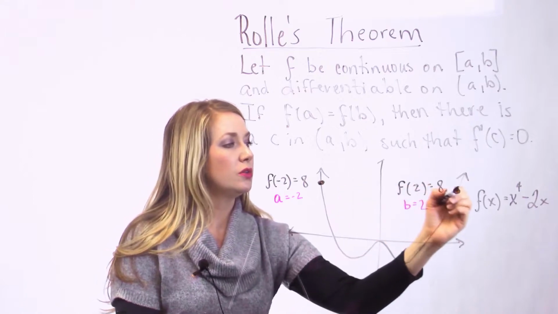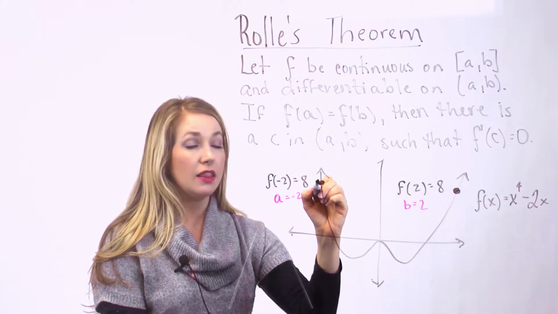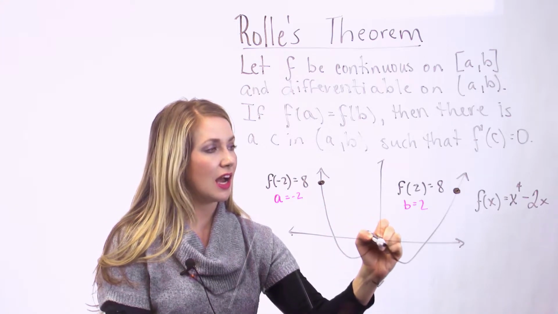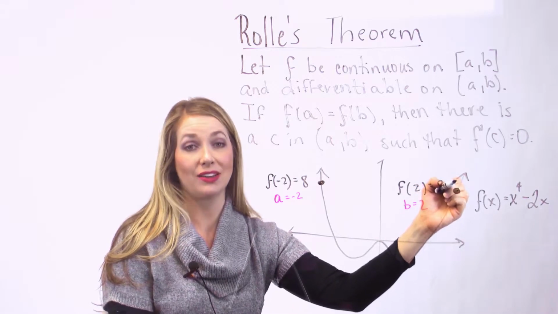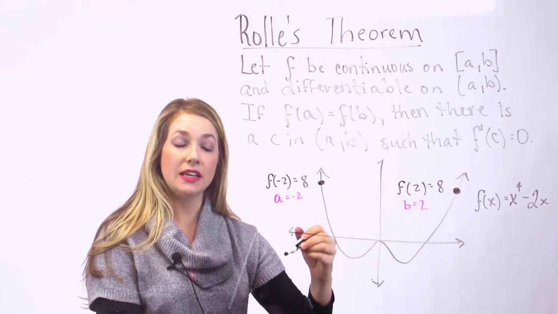Since these two are equal vertically, and the graph is continuous, if the graph is decreasing, it has to come back up at some point to get back to that y value. It's the same thing if the graph were increasing.